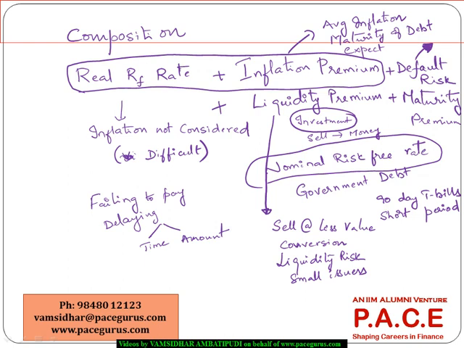And finally, we are talking about a maturity premium as well. The longer the time to maturity, probably the volatility of the interest rates is going to be much higher. Why should an investor be motivated to invest for a longer period?